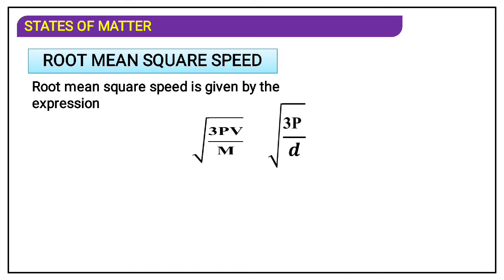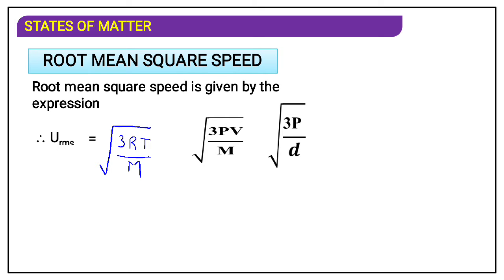The root mean square velocity is also given by the following expression: urms is equal to the square root of 3RT divided by m. This is also the formula for urms.